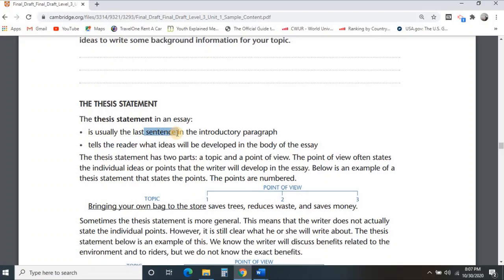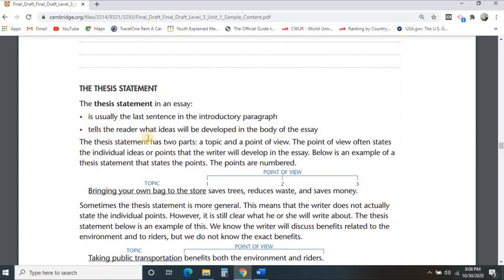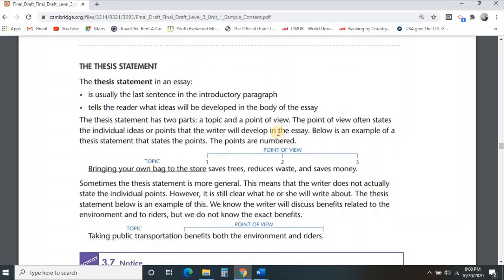Don't make it 2 or 3 or 4 sentences. Don't divide your points that should go in one sentence into different sentences. Make it one single sentence at the end of the introduction. Also, it tells the reader what ideas will be developed in the body of the essay. It tells the reader the main points that you will discuss in the essay.